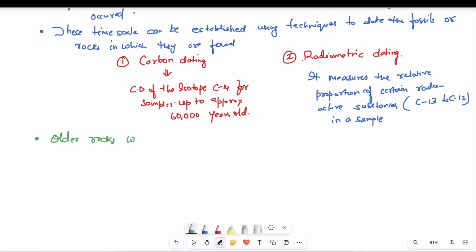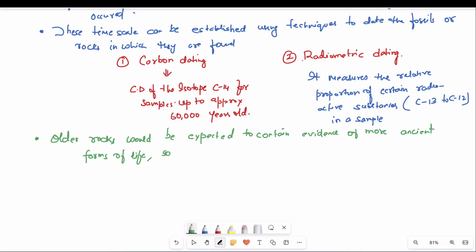So older rocks would be expected to contain evidence of more ancient forms of life, right? So accurately dating these would indicate when life may have originated, right?